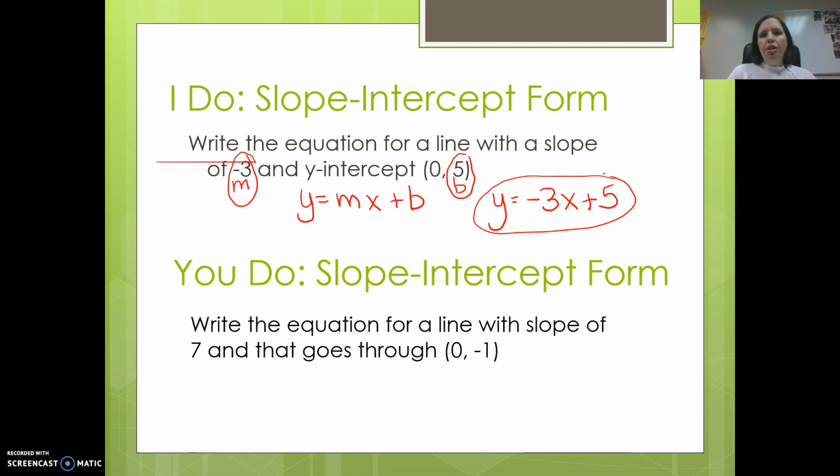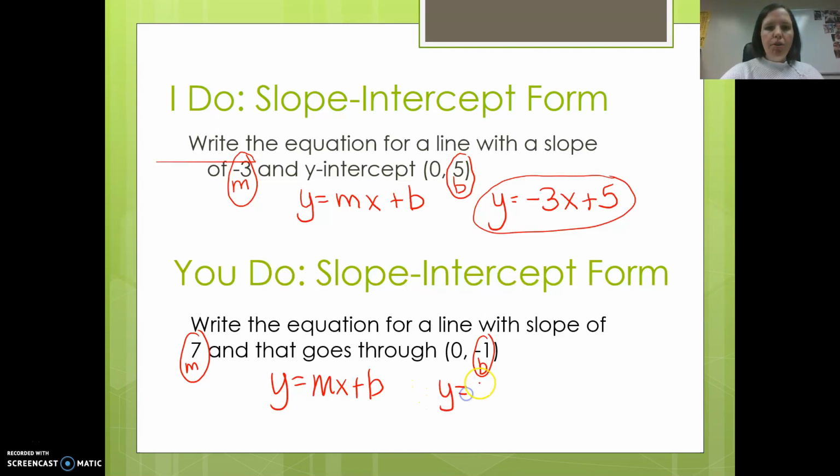Pause, and you get a chance to do this problem. Now that you've come back, again, the format, y equals mx plus b, the slope is your m value, the y-intercept is the b value. So we're going to take those two values now and write our equation. So y equals, plug the slope into m.